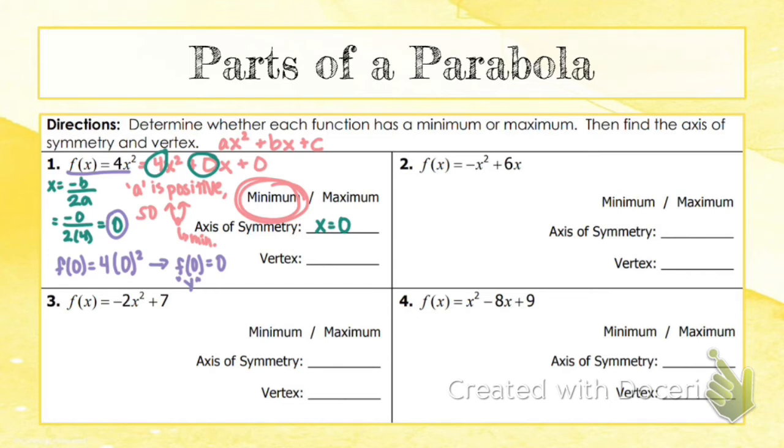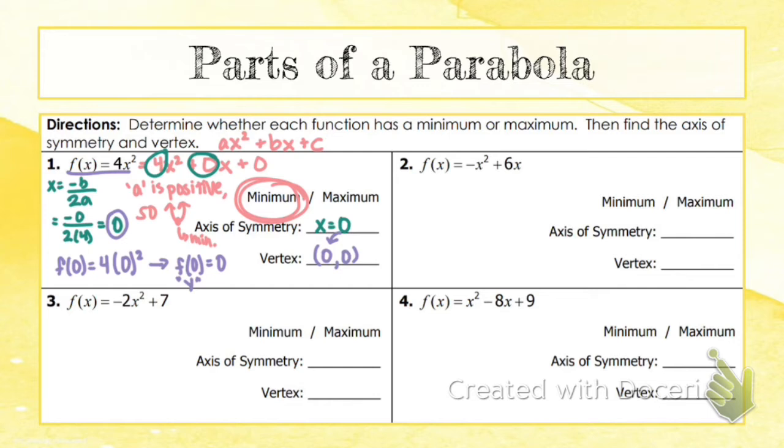So the y value of the vertex is 0. And the vertex is a coordinate point, so it uses the x from the axis of symmetry. Now, this one is a little confusing because we got so many zeros in it, but we're going to keep doing this. We're going to look at the next one.